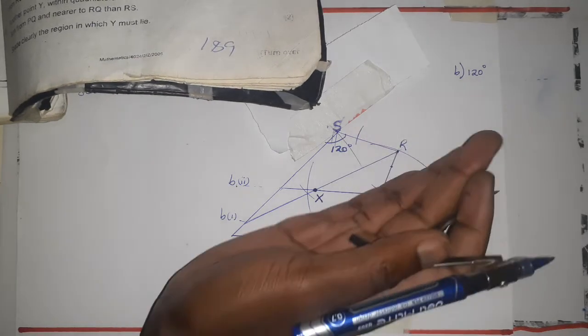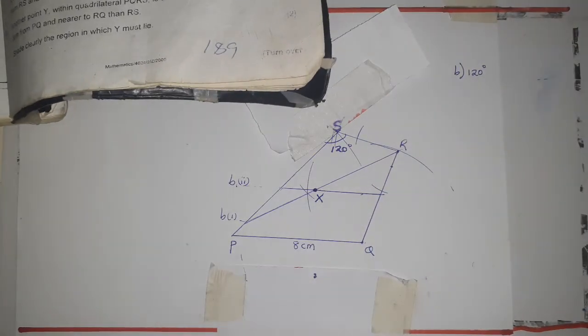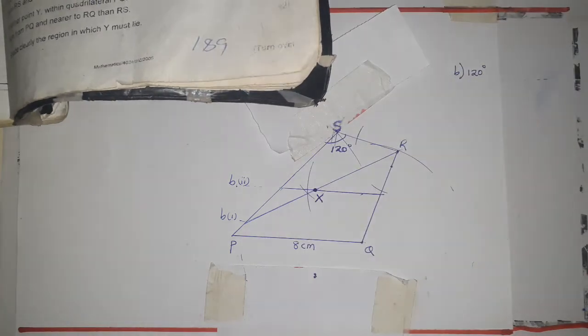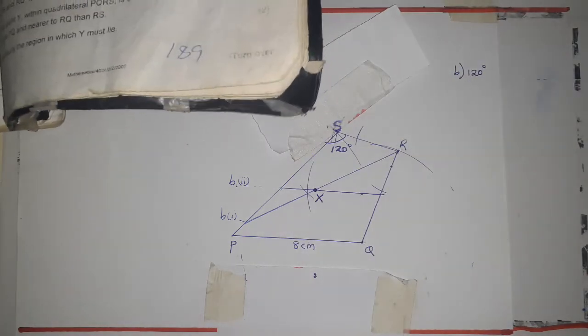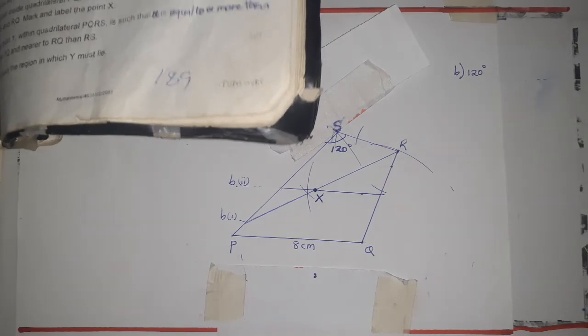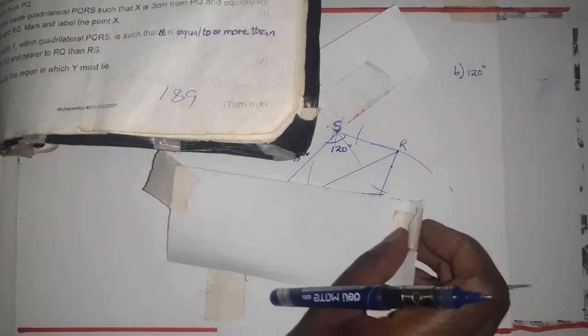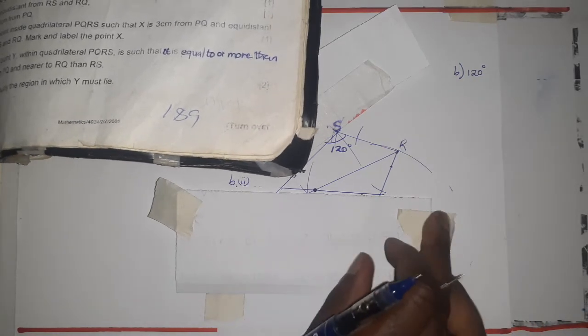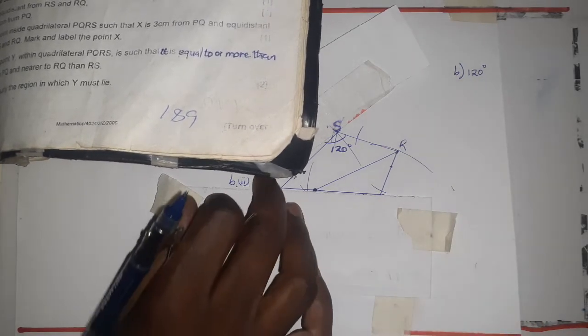More than, it's greater, meaning on top. So in other words, we no longer want this part here. We are looking at the part that is on top, which is this one. Are we together? That's what that means now.